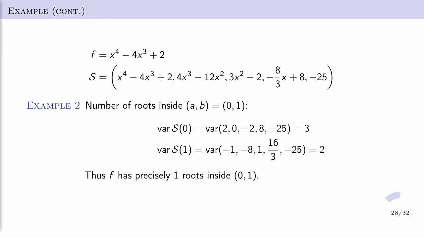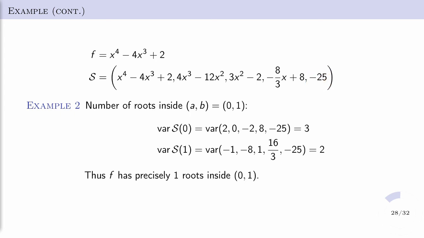And if we evaluate it at 1, we have 1 minus 4 plus 2, it's minus 1. 4 minus 12 is minus 8. 3 minus 2 is 1. 8 over 3 plus 8 is 16 over 3 and minus 25.